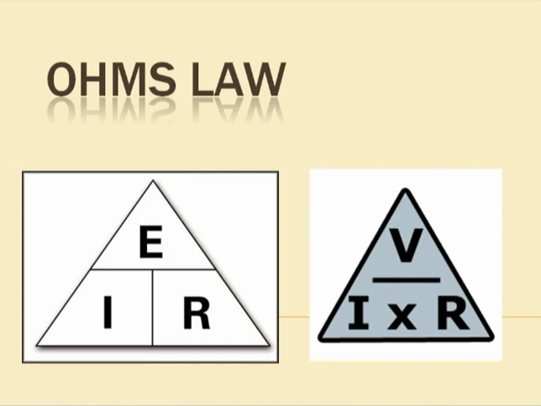Voltage can be represented by either E or V, while the current is represented by I and resistance is represented by R. Suppose we represent the voltage by capital V, then V is equal to I into R. That is the derivation we can get from the basic Ohm's law.